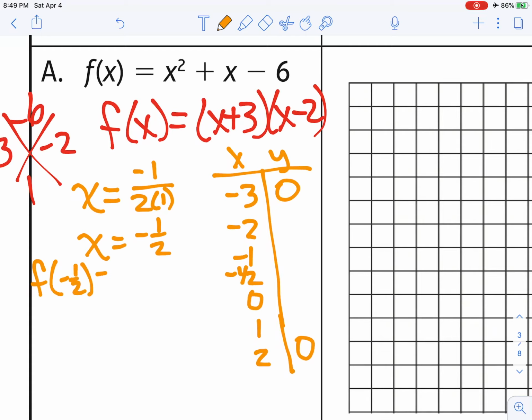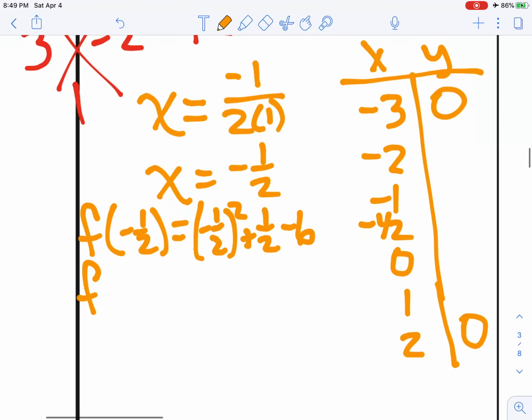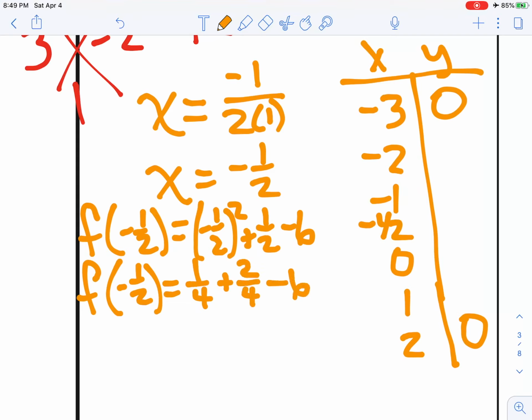So f of -1/2 equals -1/2 squared plus 1/2 minus 6. Can I make that any bigger? Just a little. Nope. So 1/4. I'm going to make this into 2/4 minus 6.